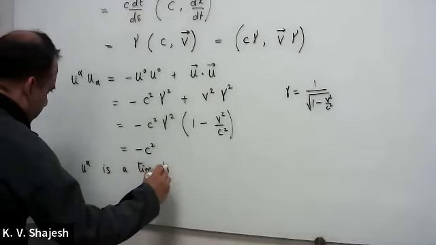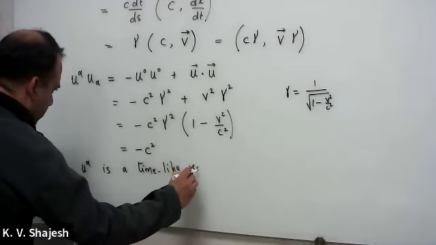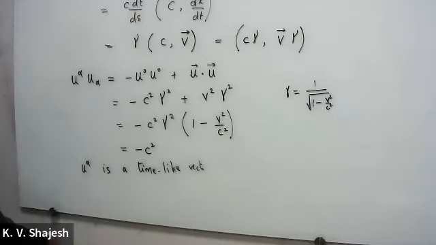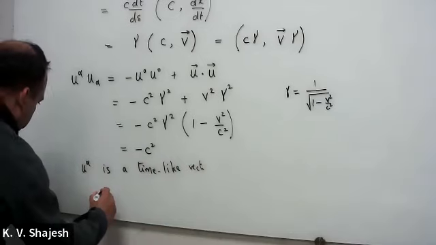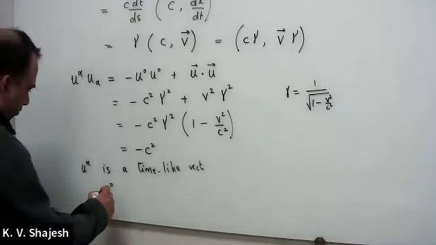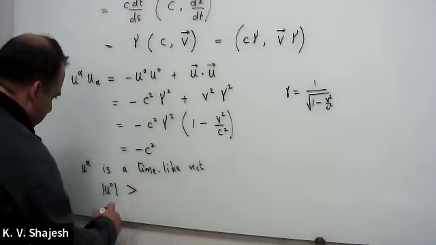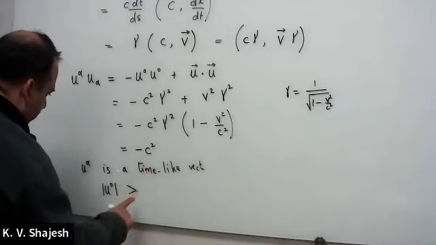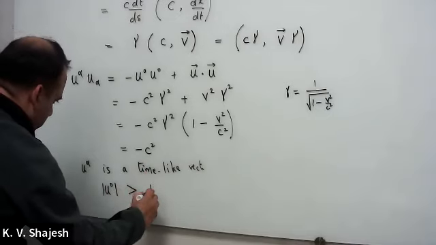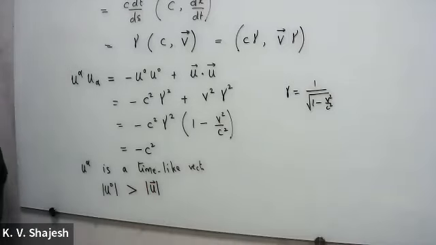What that means is that the magnitude of U0 will always be greater than the magnitude of the U vector.